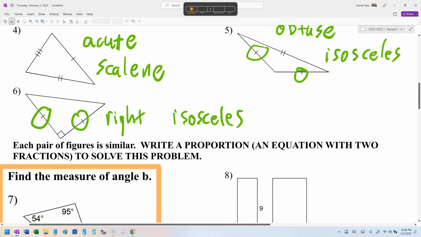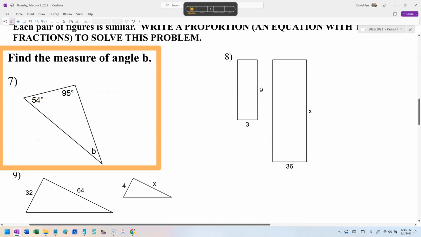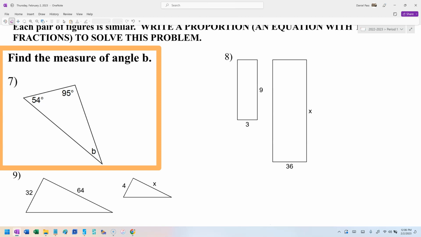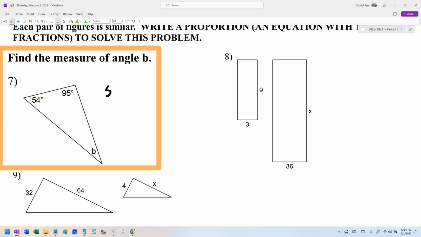All right. So number 7, we change. How do we do this one? How do we find out the measure of that angle? All of the triangle adds up to 180. So we add up the 2 degrees that we have. 54 plus 95 equals 149.